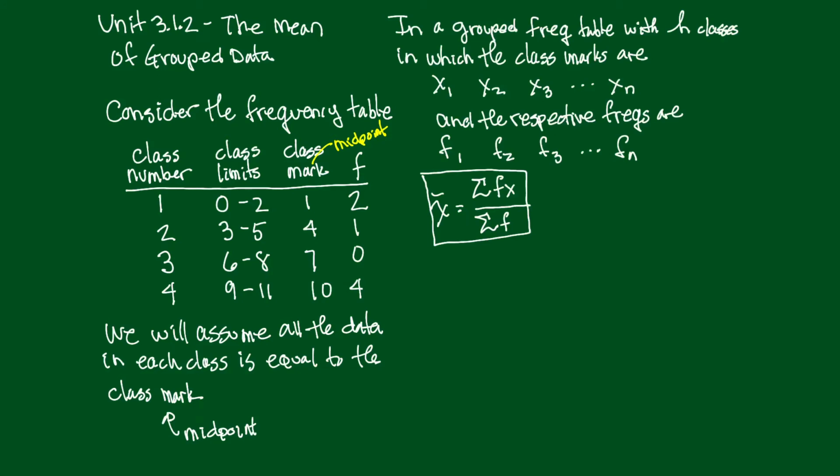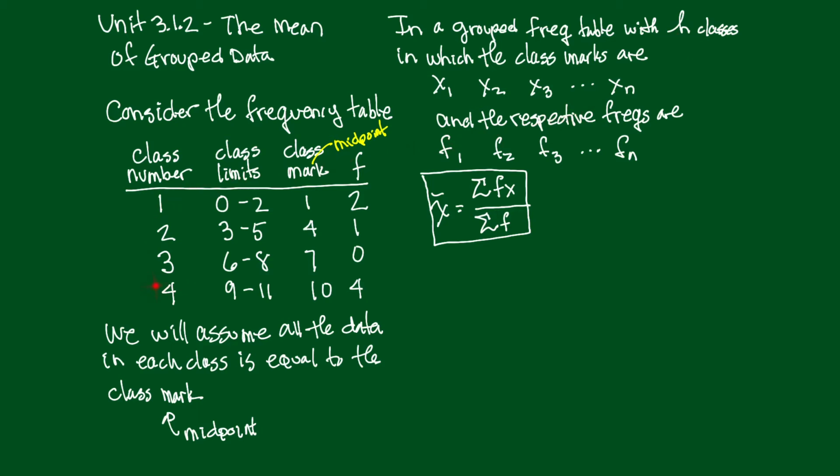So up at the top right here, let's read it and then we'll explain what all this notation means. So if you have a group frequency table, like we do down here, so if you have a group frequency table with H classes, now that H, that's just the number of classes. So in this case, follow it down here to the left, H would be 4, right?